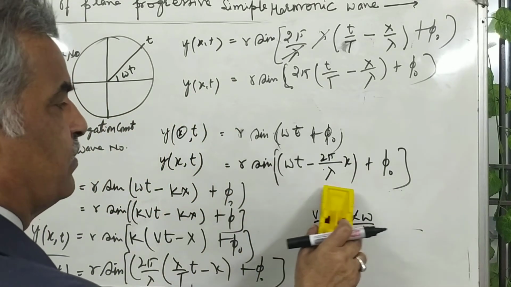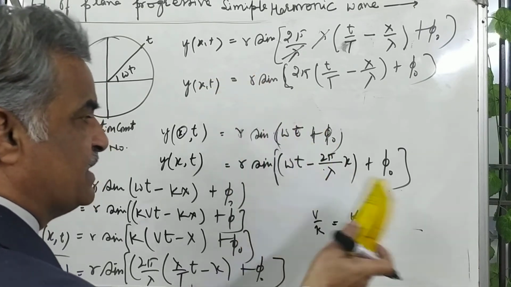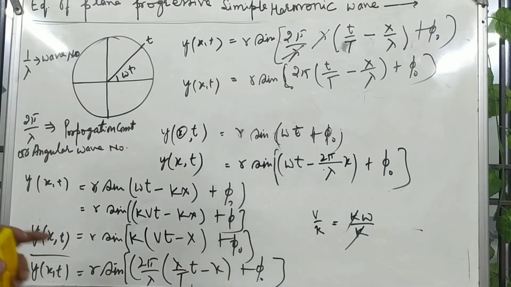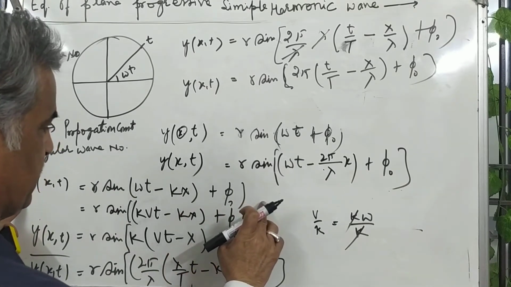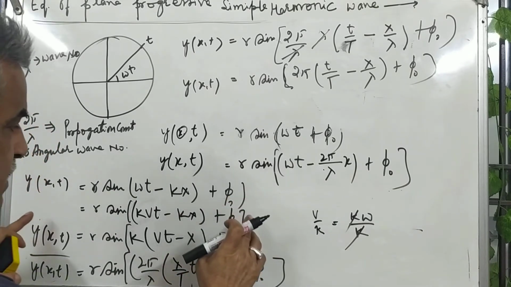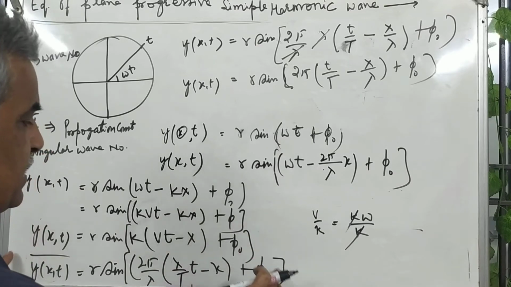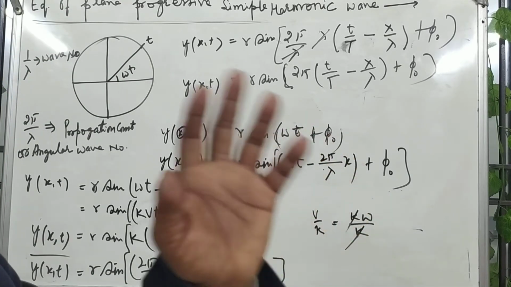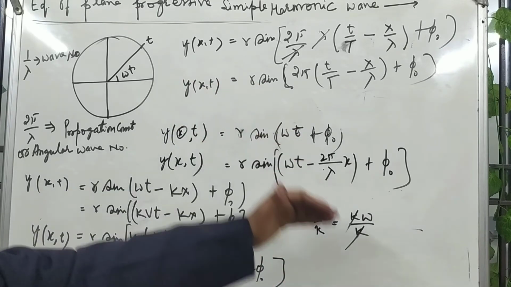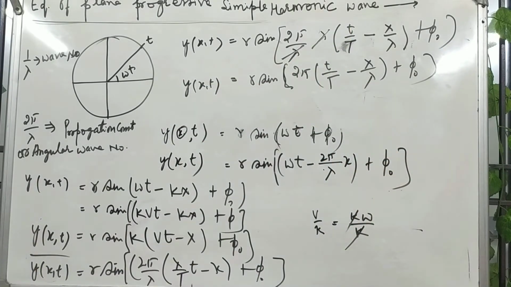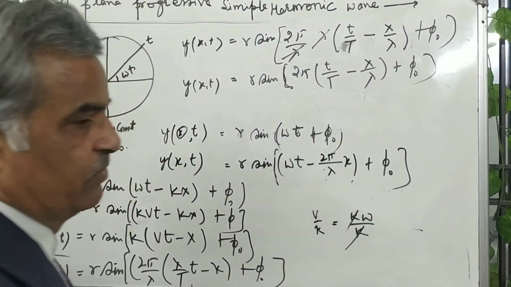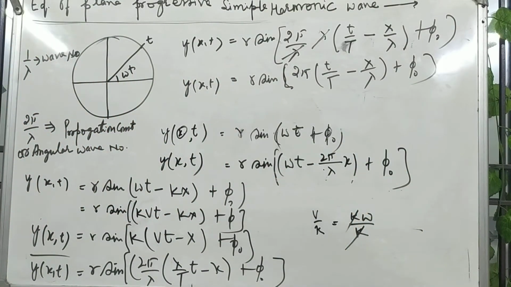This is the fundamental equation. You must learn this, and it can be converted into this form, omega t minus kx. According to the question's requirement, it can be transformed. This is not the learning point. The learning point is only how you will write equations in terms of the sine function.